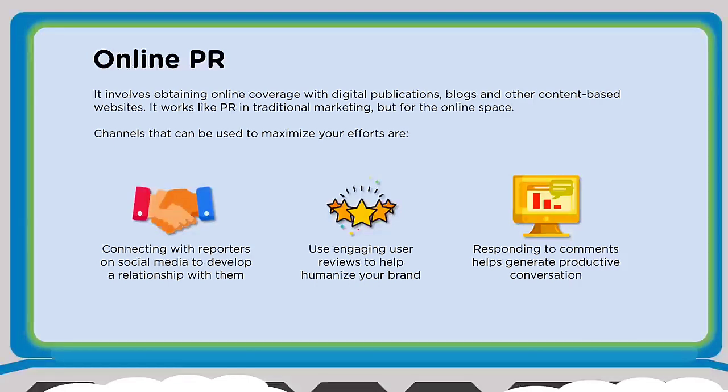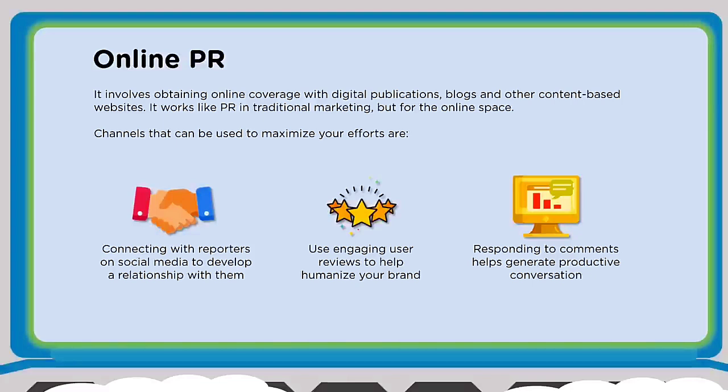For example, content-related websites could be digital newspaper sites like the New York Times. The whole point of online PR is you want to try and get some publicity on those websites. Publicity means awareness for the brand, it means traffic to the website, and eventually some loyalty, future customers, and conversion.